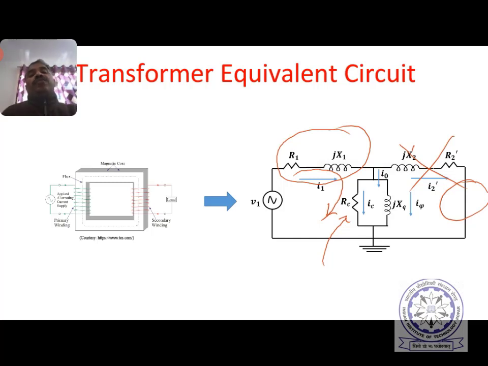But out of these, what are dominant? The dominant components are hysteresis and eddy current losses. Therefore, they are called core losses. That's why Rc more or less represents hysteresis and eddy current losses. Of course, when you operate the transformer under no load, obviously all losses will be included in Rc.